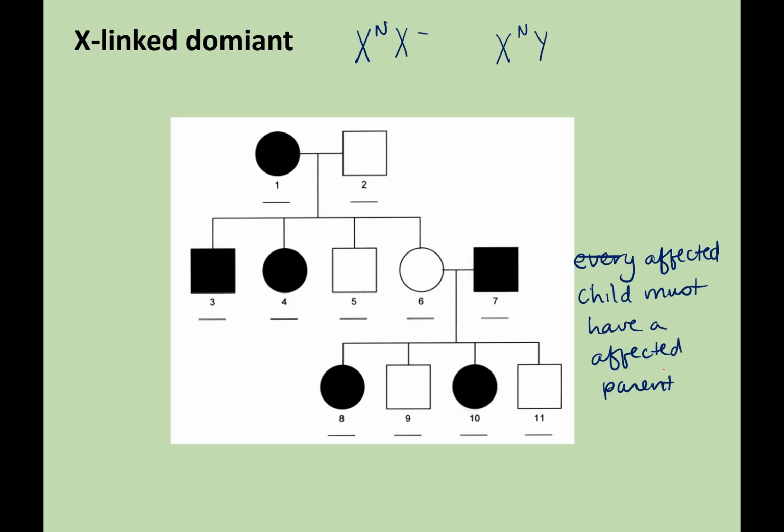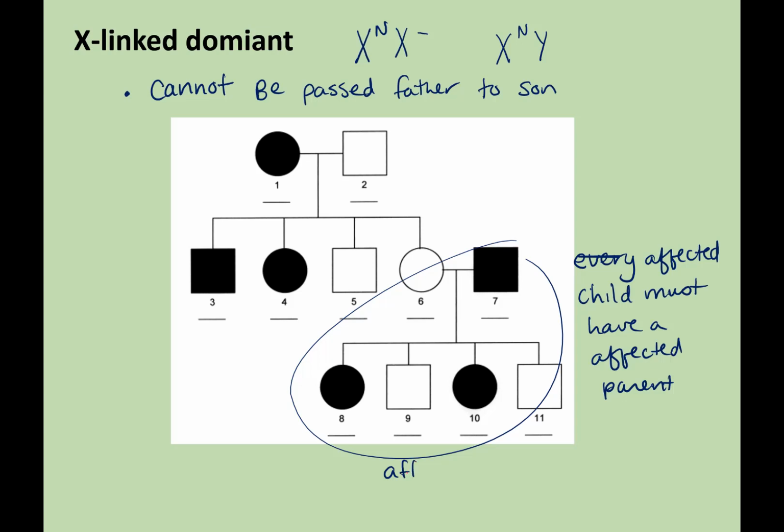Again, it cannot be passed father to son, so that's very different than autosomal dominant. Like I said, every affected child has to have at least one affected parent. And affected men, as shown right here, will pass it on to all daughters.